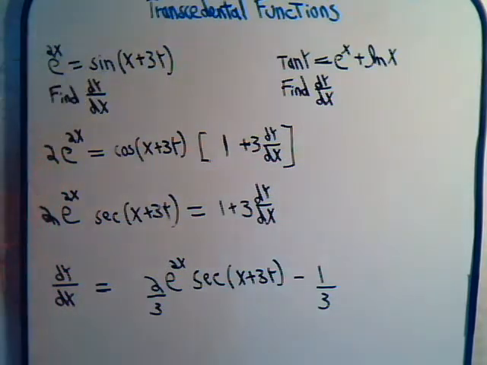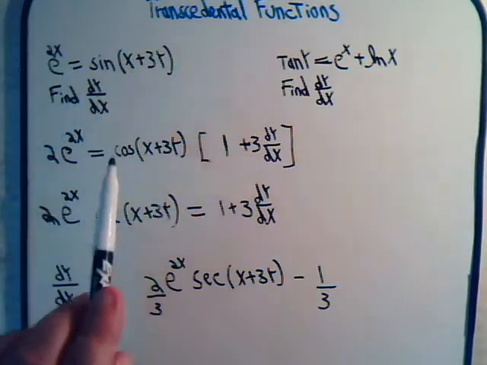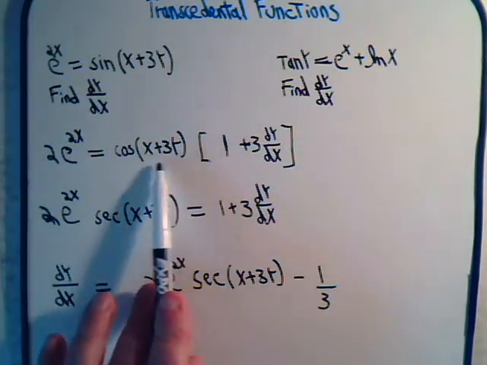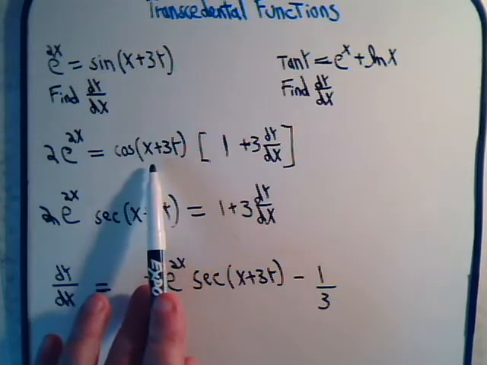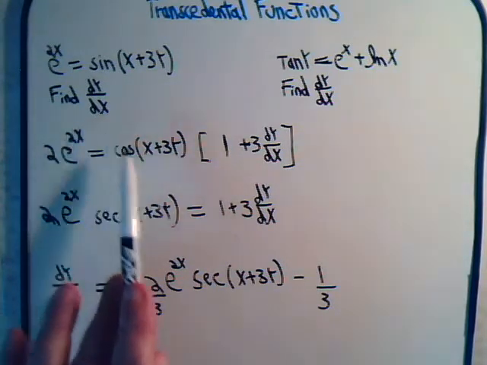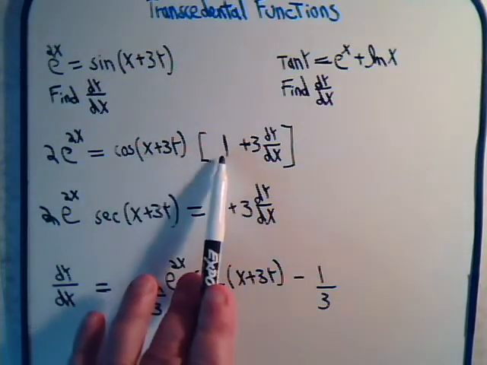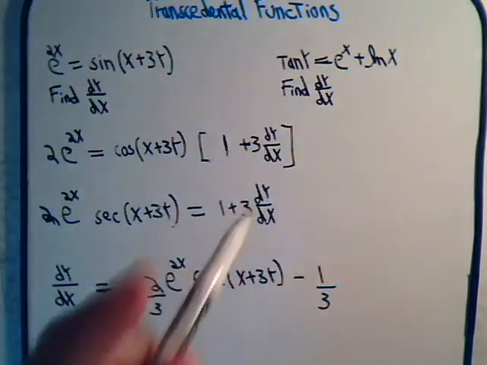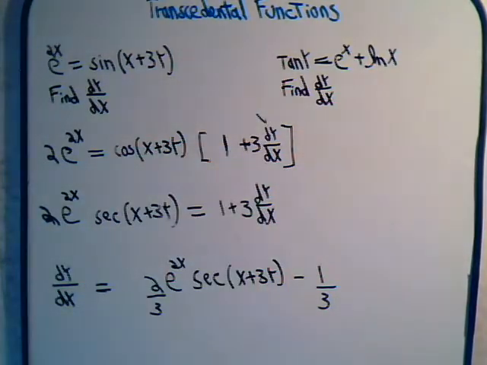And we're taking the derivatives with respect to what variable? X. So here, this part is no problem. The derivative of the sine is plus the cosine. Now we're taking the derivative of what's inside of the cosine, so to speak. And we're doing it with respect to x. So dx/dx, that's 1, plus 3, that would be dy/dx. And of course, this is what we're solving for.